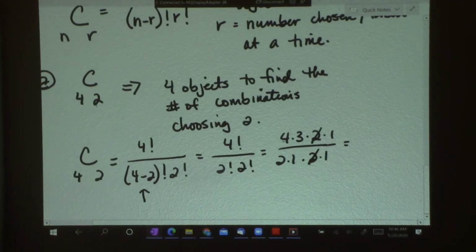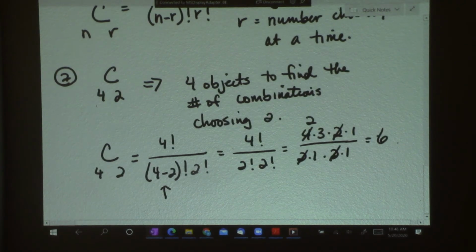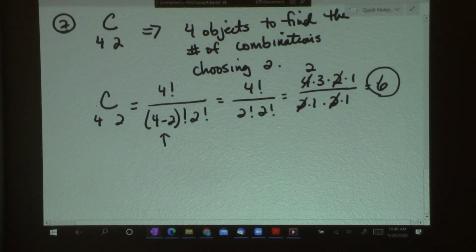These two cancel, and then the 4 and the 2 reduces, so I end up with 2 times 3, which is 6. All right? And I would have had 24 over 4. Okay. All right, so that's how it reduces. So there would be 6. That's like our example of A, B, C, and D taking 2 letters. So it works out to be the same.